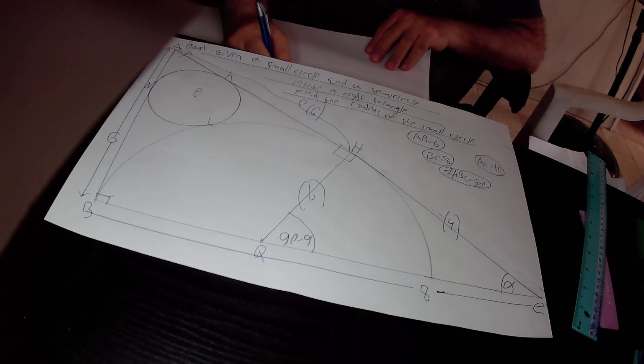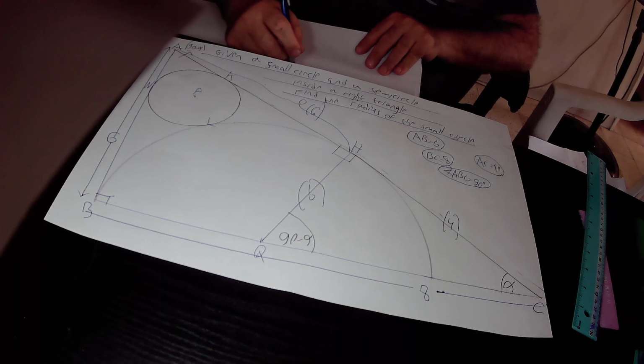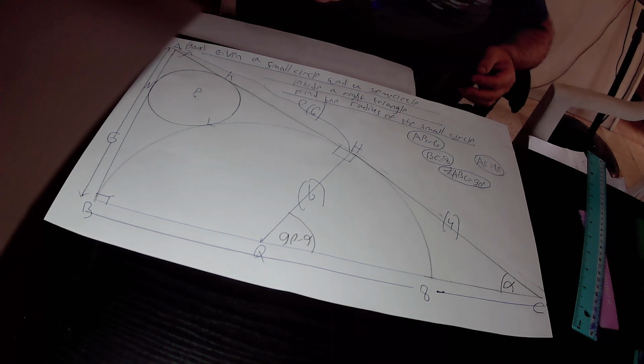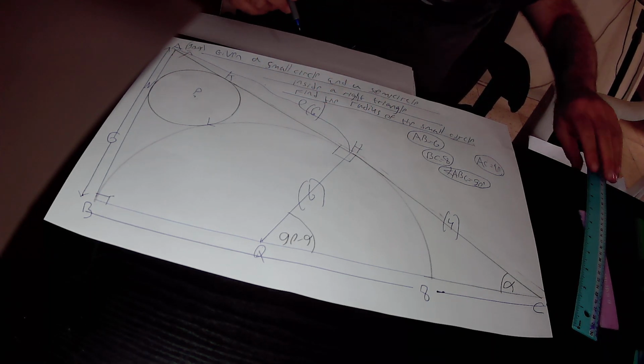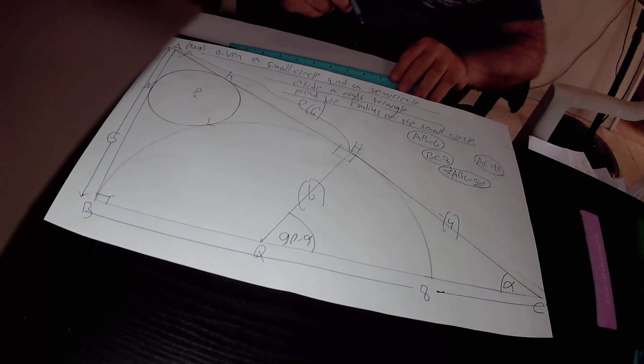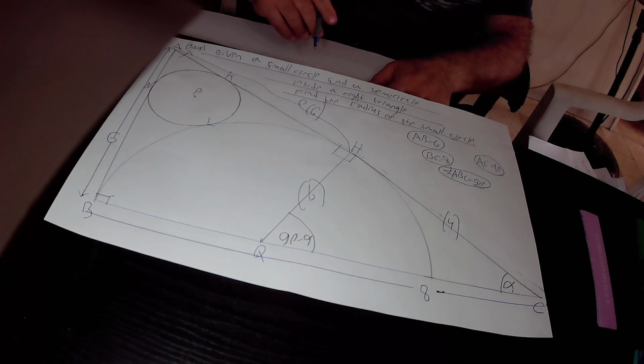And from the fact that the right triangle ABC is similar to this small right triangle HCQ, we derive that the following relationship exists between their sides.